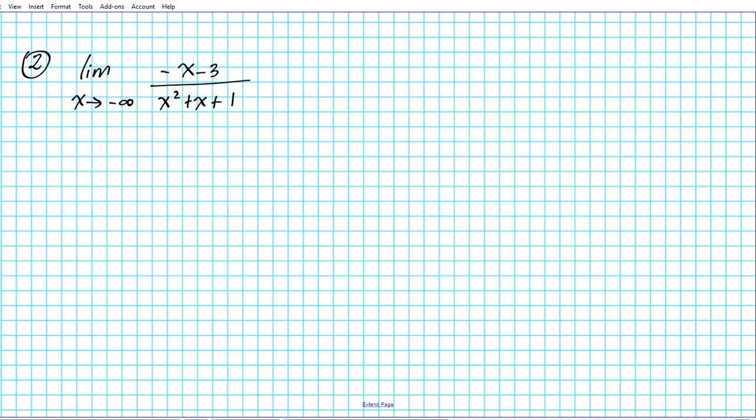Now, let's take a look at this situation that we have right here. So is this top heavy, bottom heavy, or is it equal weight? That's the question. So if we can classify how the degree of the numerator and the denominator polynomials relate, then we can easily determine what the answer is.